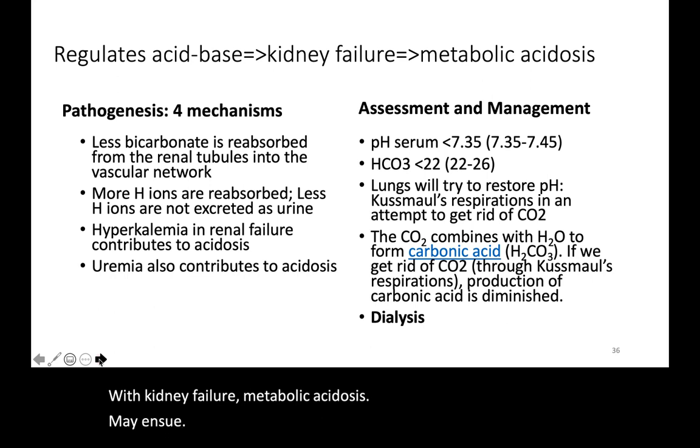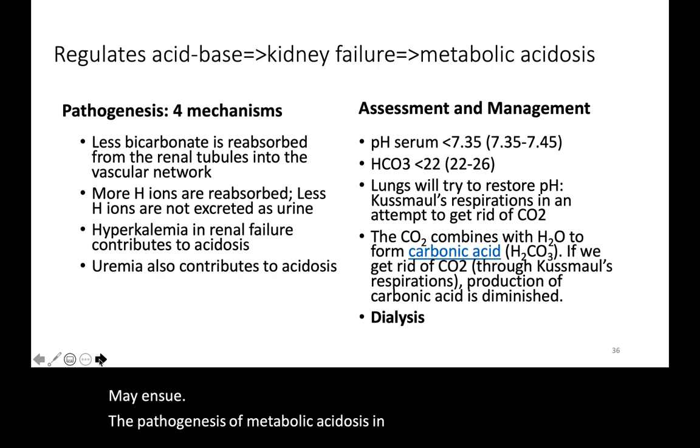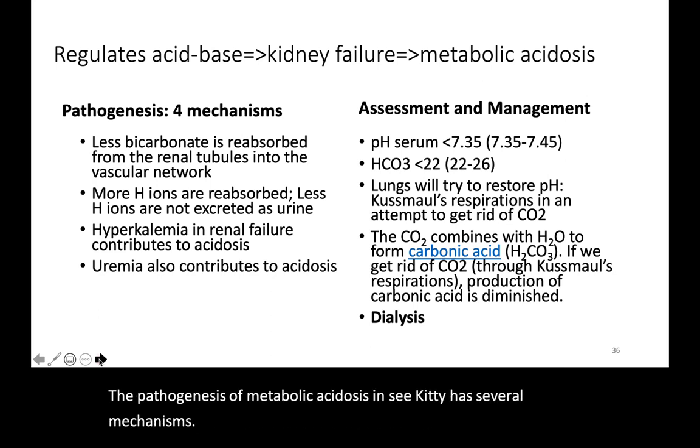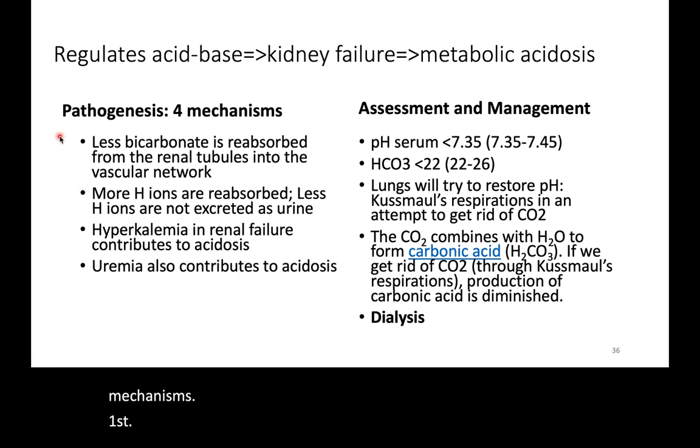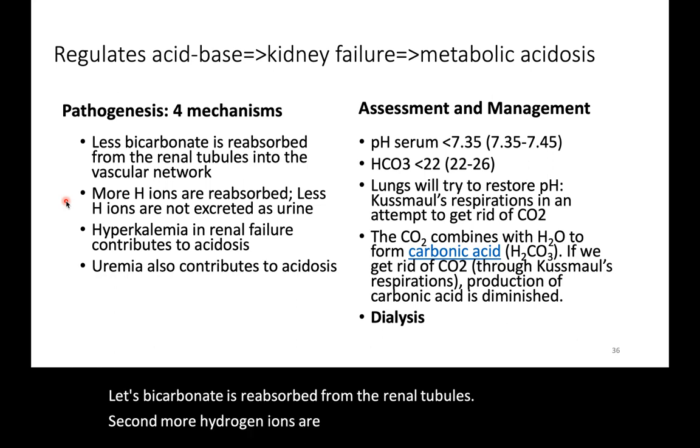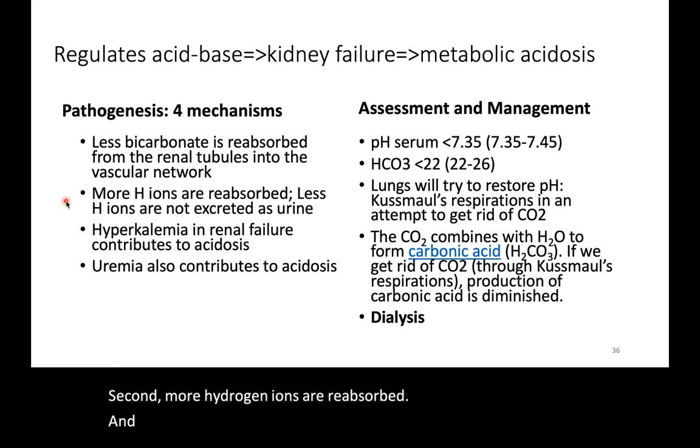The pathogenesis of metabolic acidosis in CKD has several mechanisms. First, less bicarbonate is reabsorbed from the renal tubules. Second, more hydrogen ions are reabsorbed and less hydrogen ions are excreted in the urine.